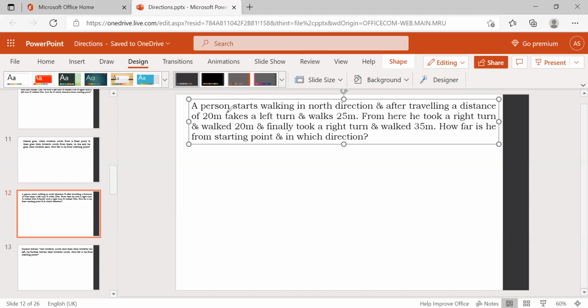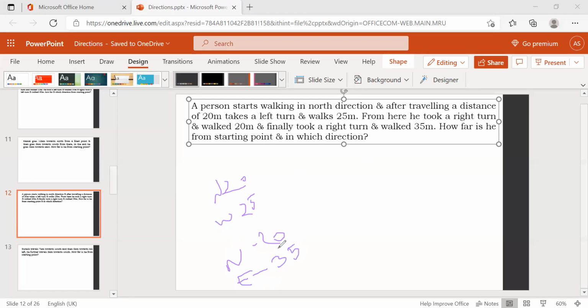First of all, what they're saying: walking in the north direction, traveling distance, north 20. Then takes a left turn. From north, left is nothing but west, west 25 meters. From here they took a right, that means north again, 20 meters. Finally he took a right, that means east side, 35 meters.